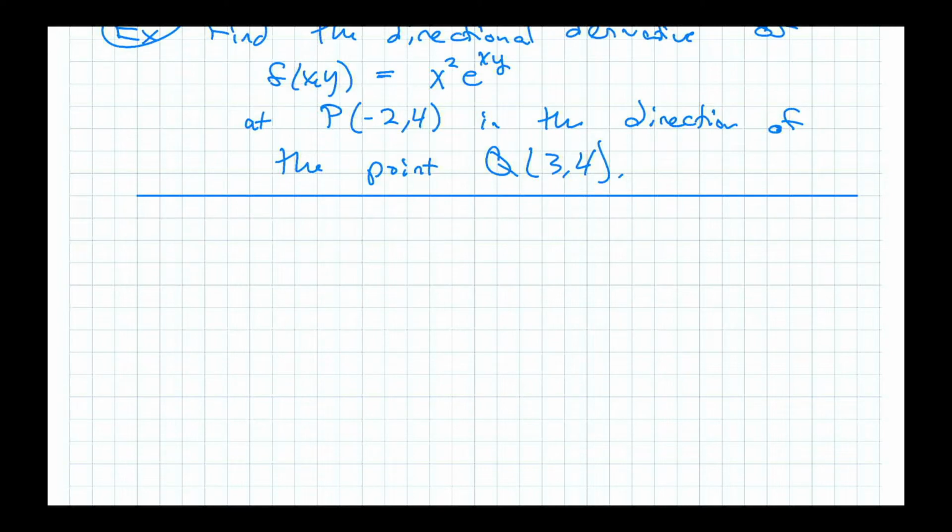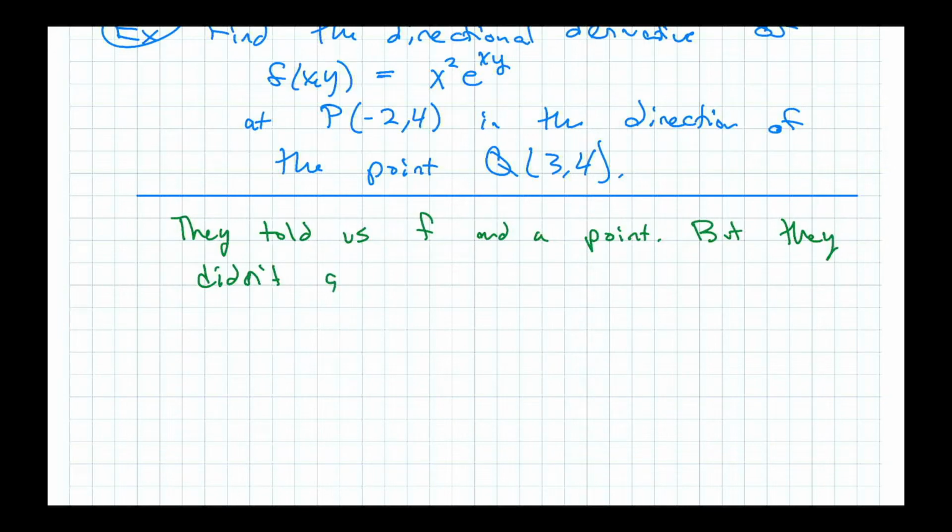They didn't tell us the vector specifically, right? They told us f and the point, but they didn't give us the vector u or even a vector v in the direction we want.